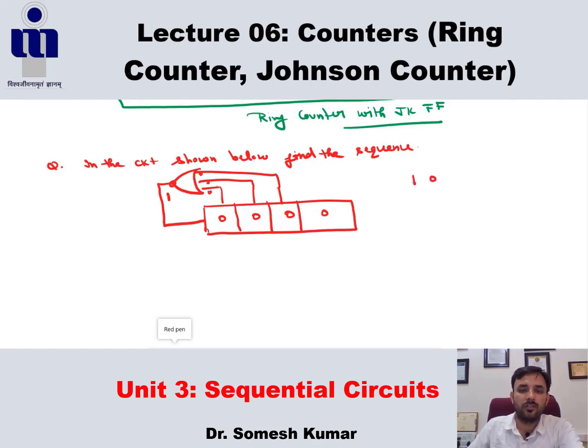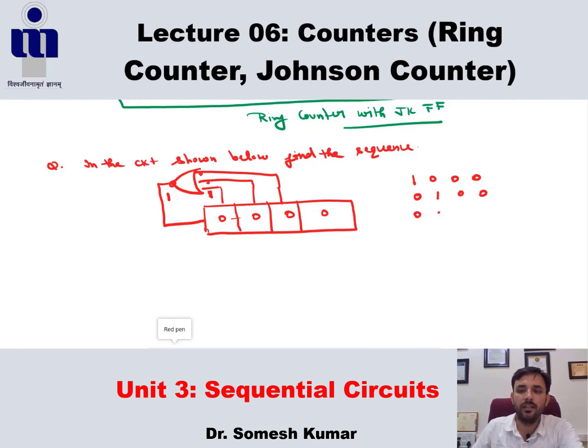So the sequence should be 1, 0, 0 like this. Now what becomes? This becomes 0 because if any input of this NOR is 1, then the output becomes 0. Fine. And this 1 is propagated to the next 0, 0.